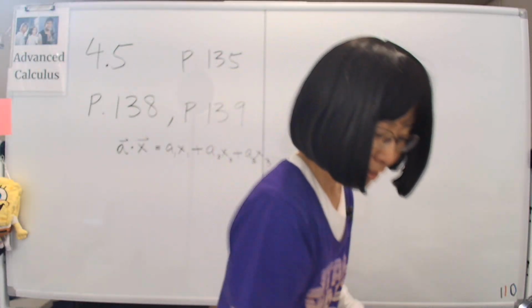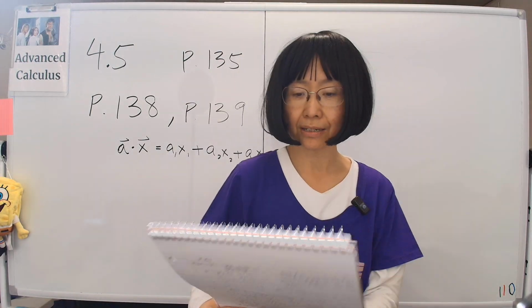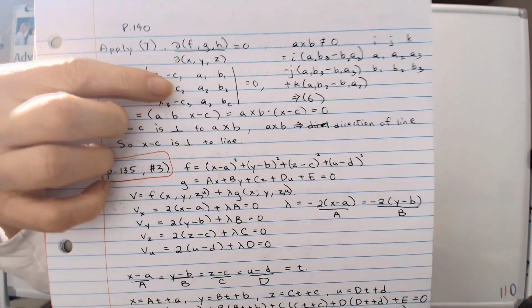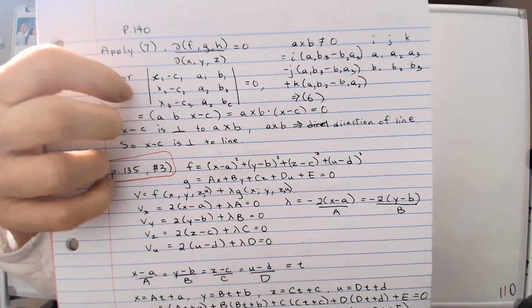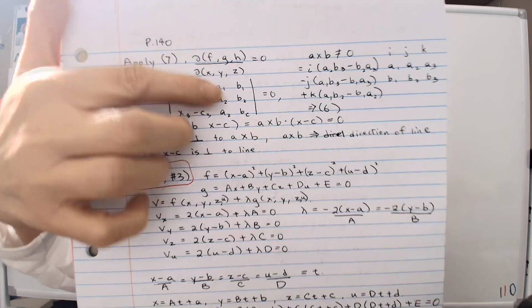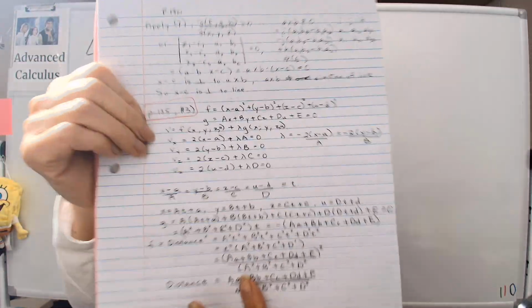In this case, G is A dot x, or something like that, and H is B dot x. B is the other plane.